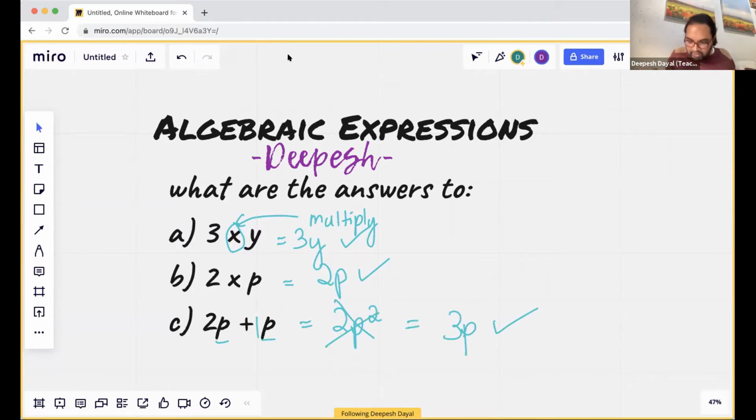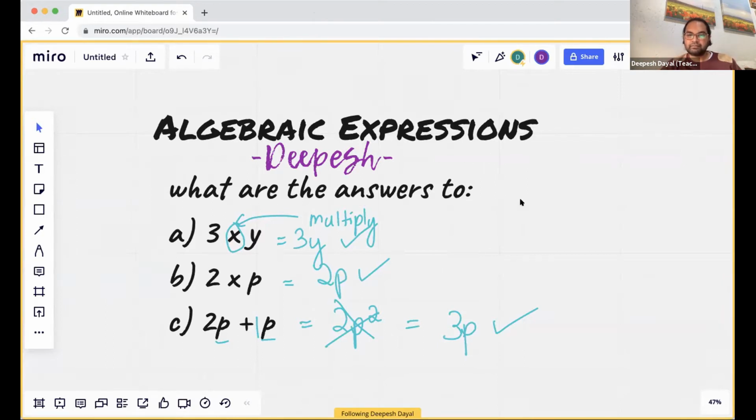So here, 2 times p is 2p, 3 times y is 3y, but 2p plus p is 3p because we add the 2 and 1 together. There's a plus in between. Is that okay? Maybe you can just show me a thumbs up. There is a reaction button that you can press. Yeah, I got some thumbs up. So 2p plus p is equal to 3p, right?